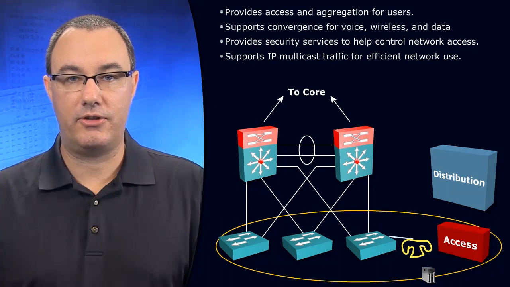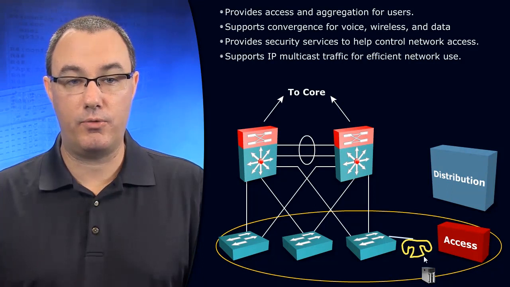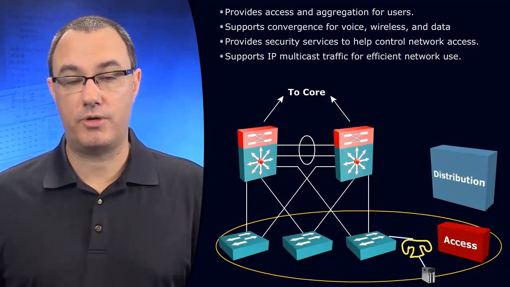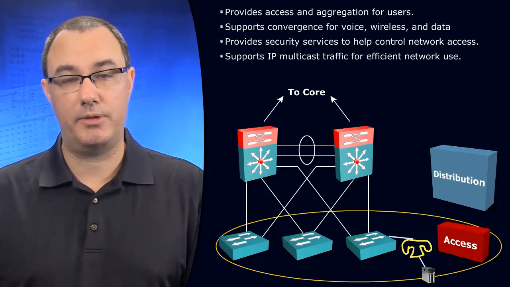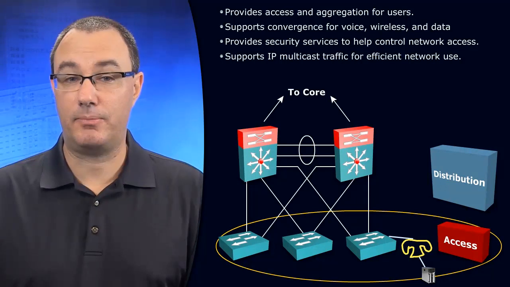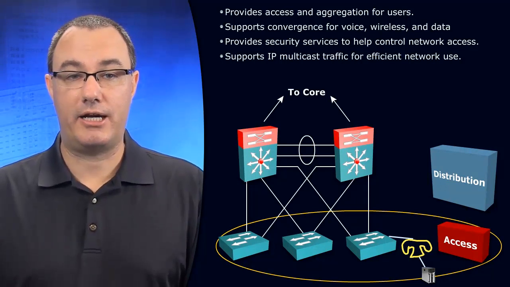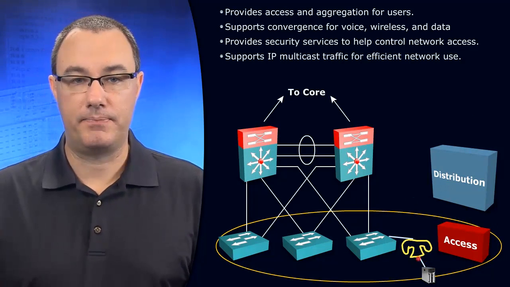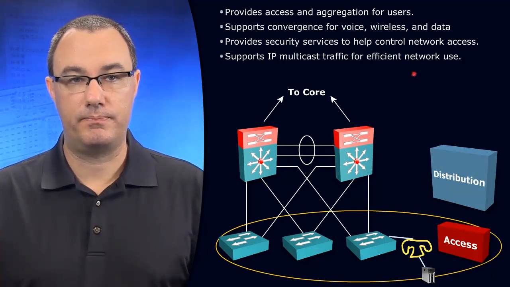What we'll see is that we're going to have a voice VLAN and then a data VLAN. The voice VLAN would be used by the phone for phone traffic. The data VLAN would be used by the PC that connects up so that we don't have to have double the number of ports if we're doing IP telephony over Ethernet switches.